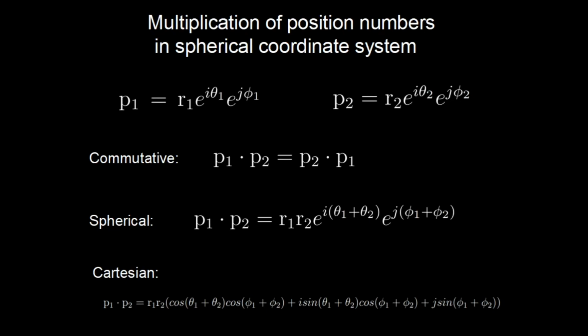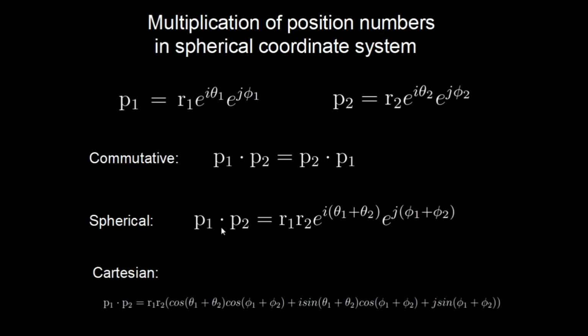Next, we will discuss the multiplication of position numbers in the spherical coordinate system. P sub 1 and P sub 2 are two position numbers in spherical coordinates. Since rotation factors are commutative, the two position numbers are also commutative.